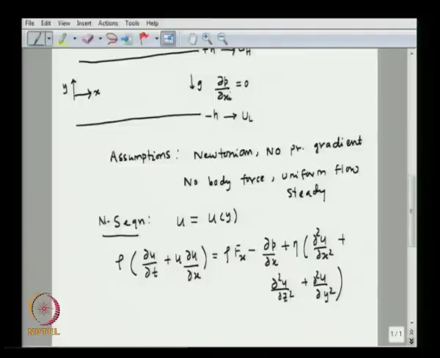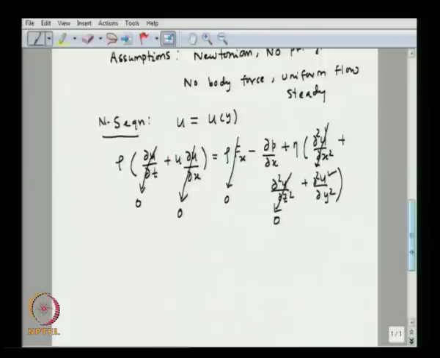So here another assumption is flow is steady. So this term would drop off. The flow is uniform, the velocity and the gradient are orthogonal, so this term will drop off. There is no body force term, and u is only dependent on y. So, del u over del x is 0. Also we can consider that the z component is infinite, this is also not important.